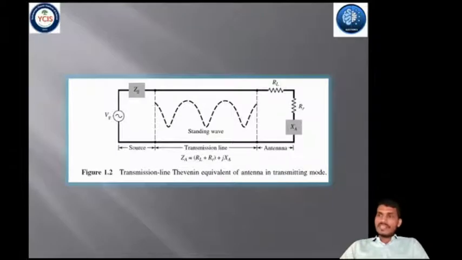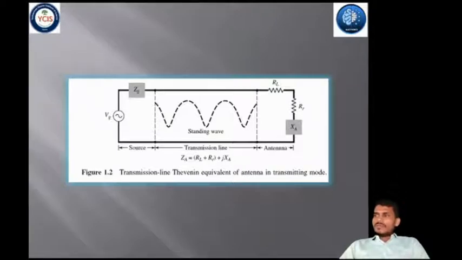Now the last one is XA. XA is used to represent the imaginary part of the impedance associated with the radiation by the antenna. What exactly XA is will be discussed in the next few lectures in detail.